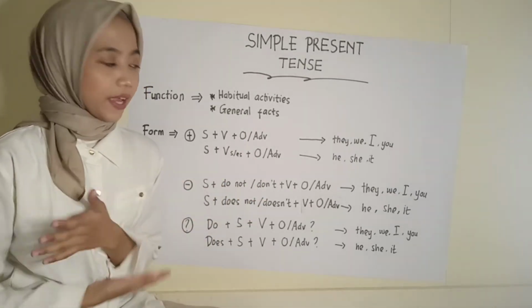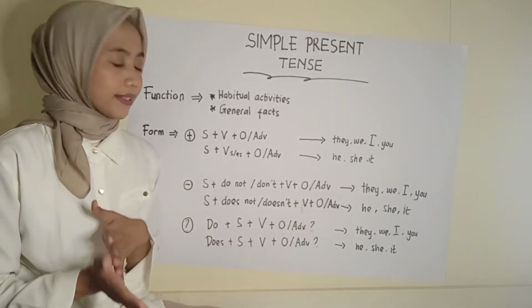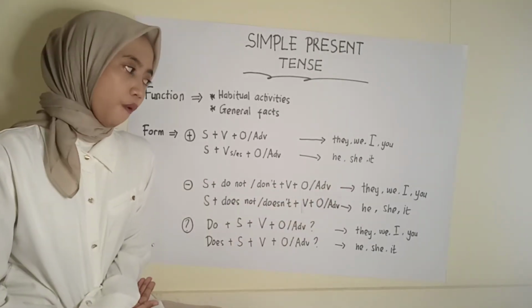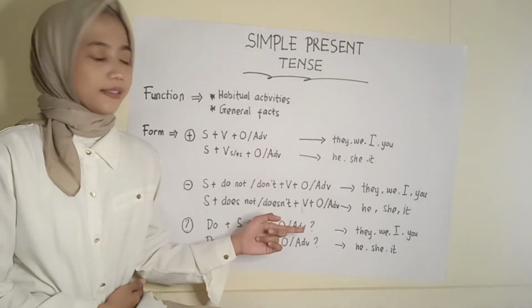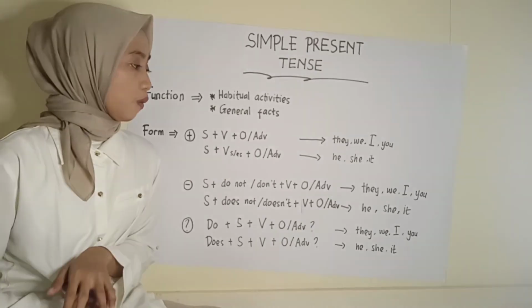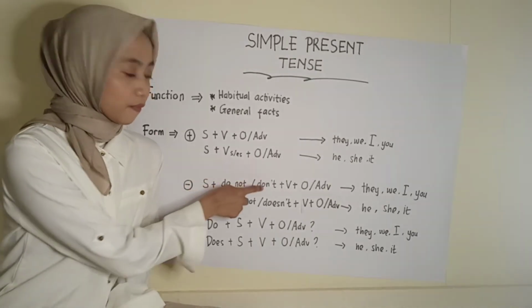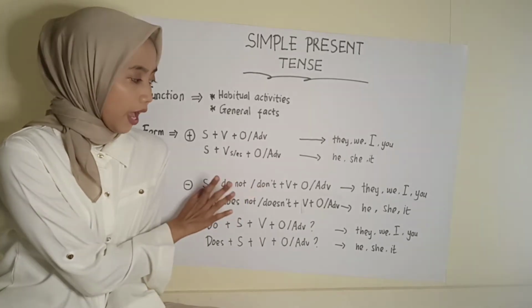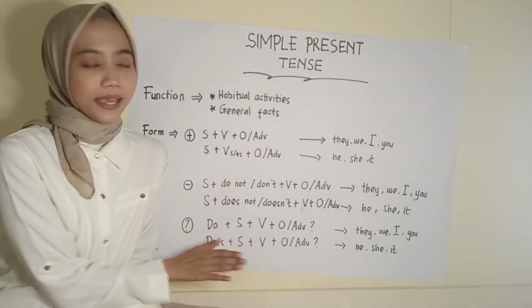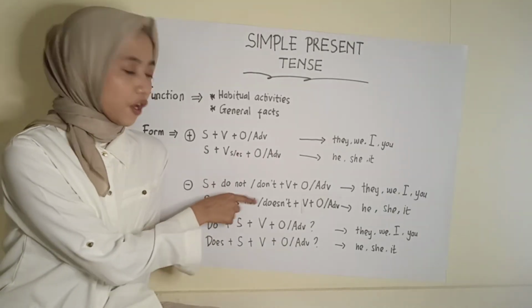The first formula is used for the subjects they, we, I, you, and the second formula is used for the subjects he, she, it. So when the subject is they, we, I, you, we use do not or don't. And when the subject is he, she, it, we use does not or doesn't.